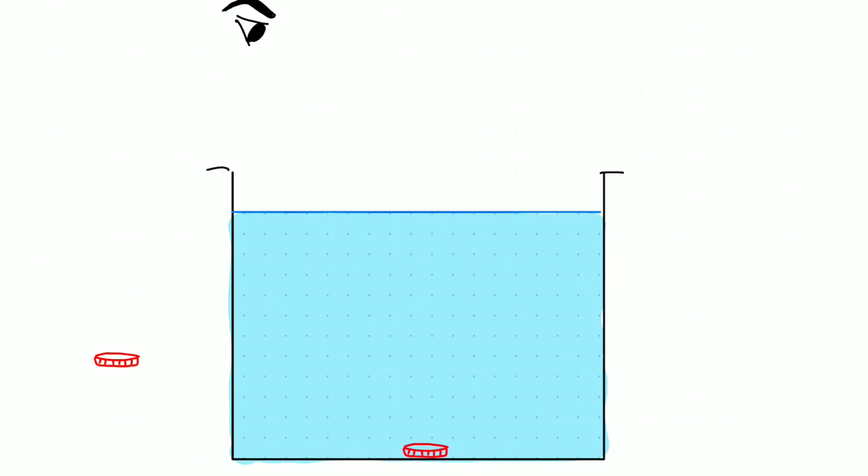Now let me very quickly draw a few things here. Let's say this is the light coming out from the coin, right? We already know that if a light ray is coming normal, then there will be no deviation, no refraction. Now let's say this medium is denser, this medium is rarer.